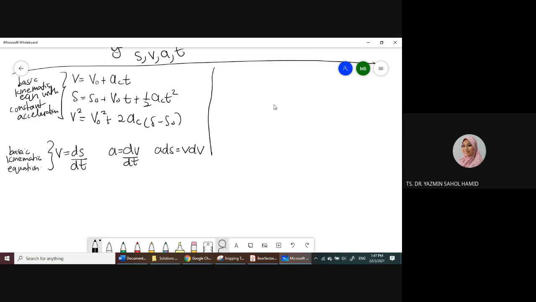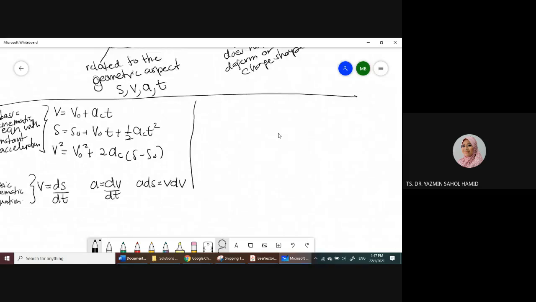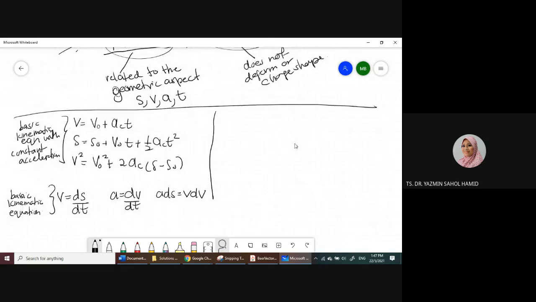Okay. Now, when we do rigid body, we're going to use the same equation, but there is a change. The change you need to understand is that right now, S is position, right? We're going to change S to theta.